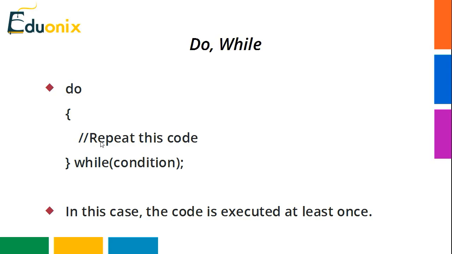So it's important again to make sure the code changes this condition so that it's not met anymore. And the difference between the do while loop and the while loop is that the do while loop is executed at least once, even if the condition is not met. So this code is always executed.